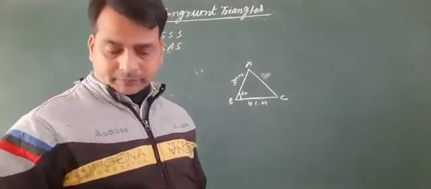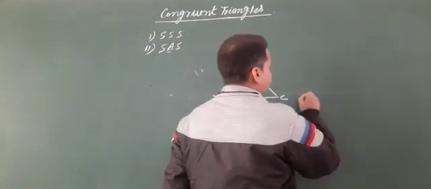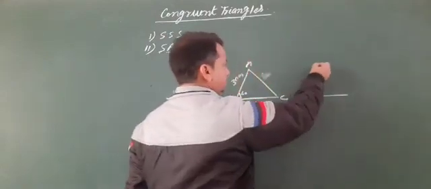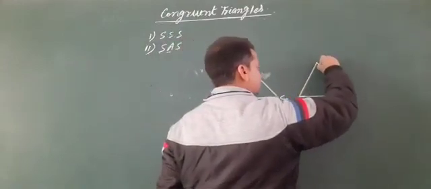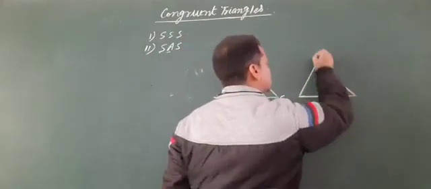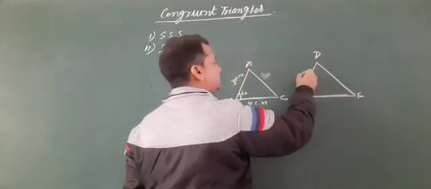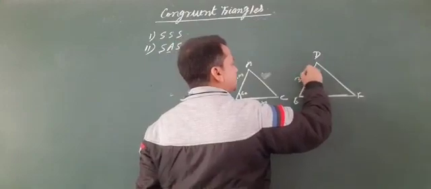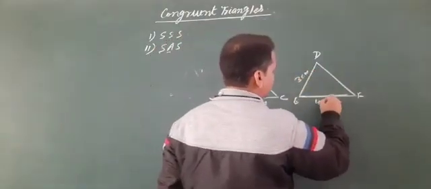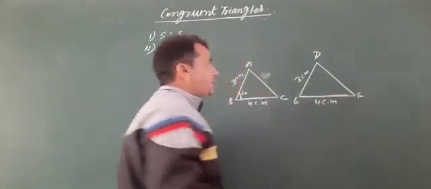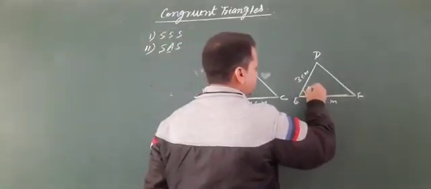Now next is another triangle, that is DEF. The length of DE is given here 3 centimeter and the length of EF is given, that is 4 centimeter, and the angle between them, angle DEF, is also given here as 60 degree.